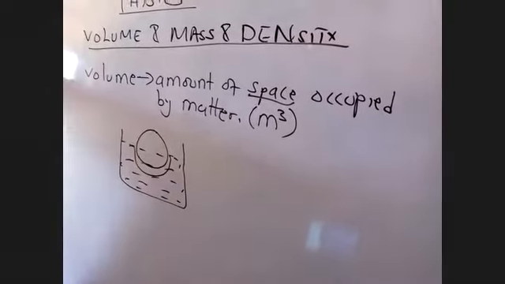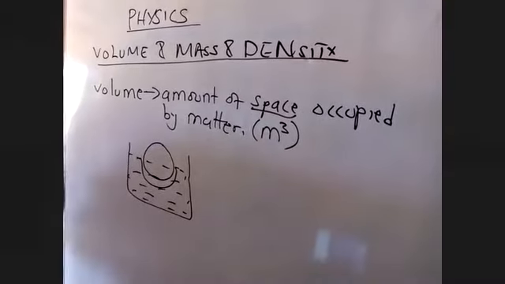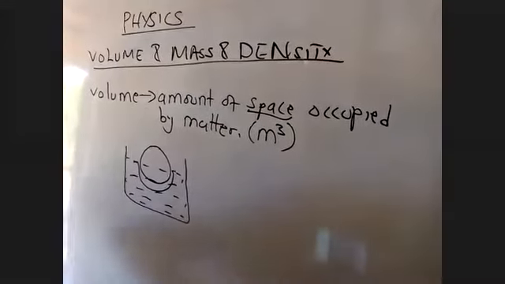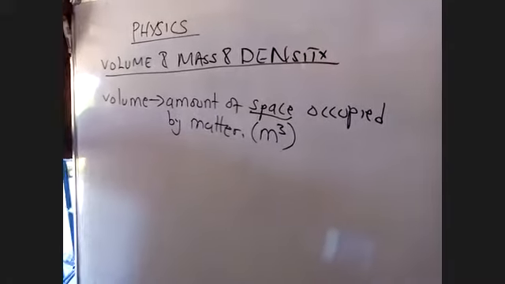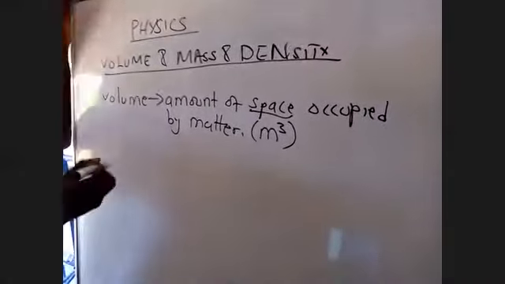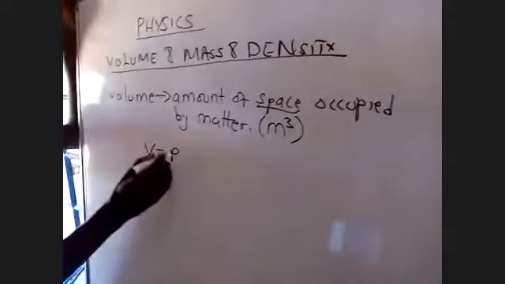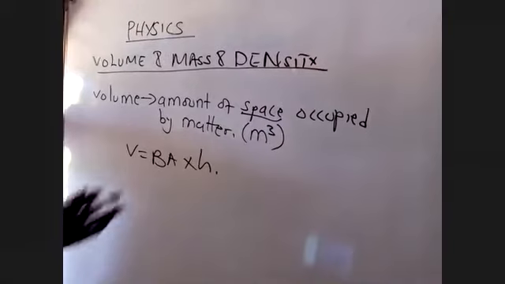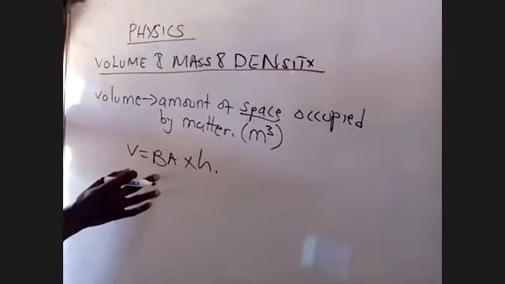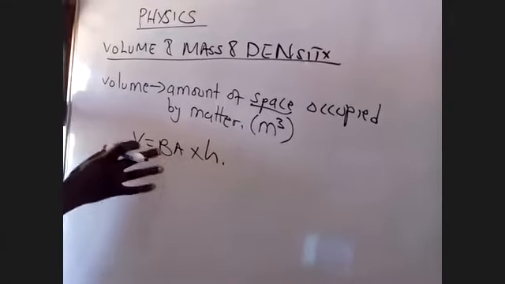On looking at the calculation or comparison of volume, I want to look at how to calculate the volume of different shapes, because we already know that the formula for calculating volume is base area times height. What is the base? Base means the area that the object uses to rest.